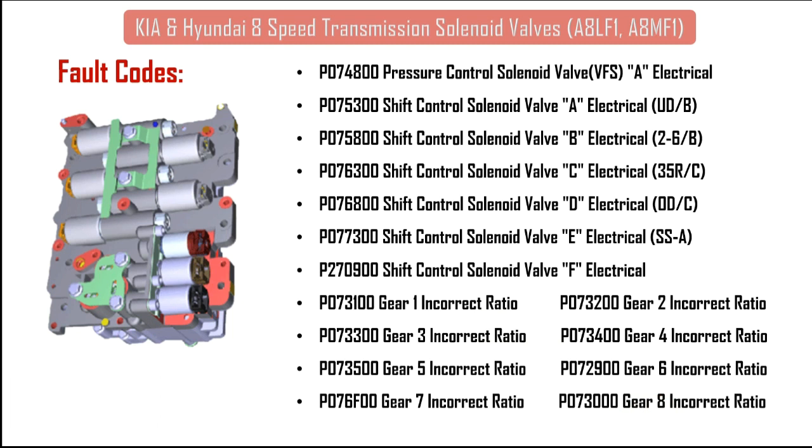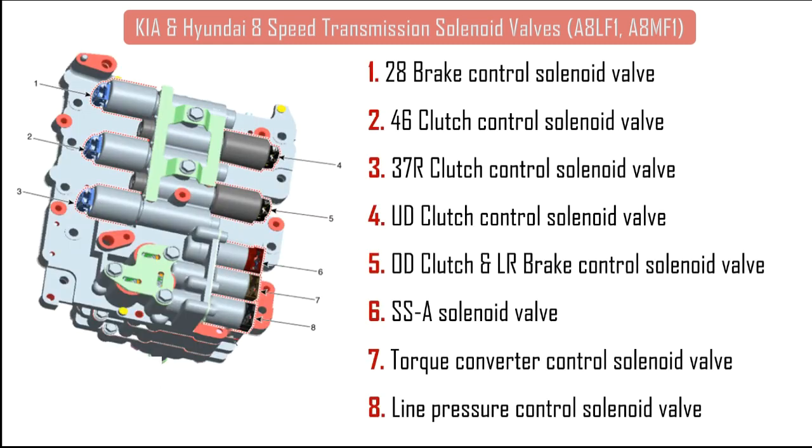So it's really important to know in what gear each solenoid valve is working, so we can find which solenoid valve might be malfunctioning, and then go for fixing it. So you see there are many different fault codes related to solenoid valve malfunction. But what are these solenoid valves and where are they located?